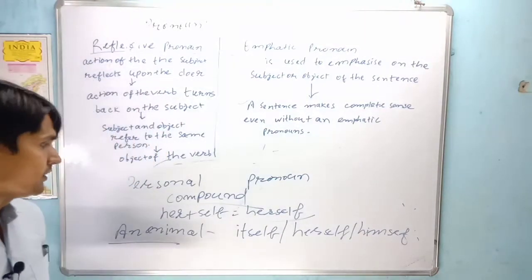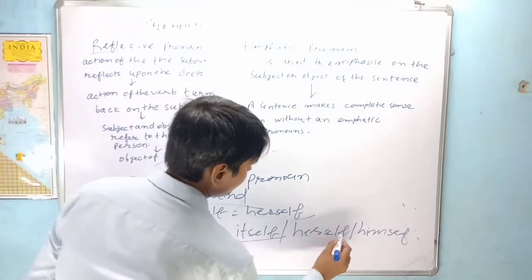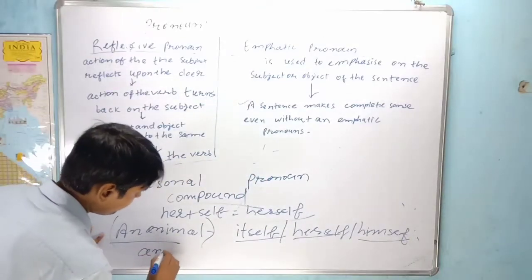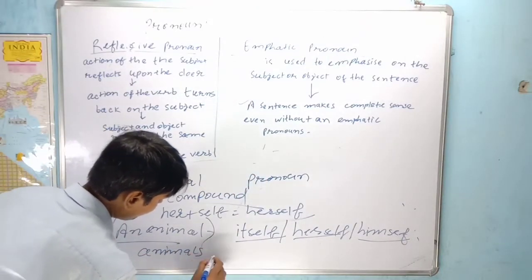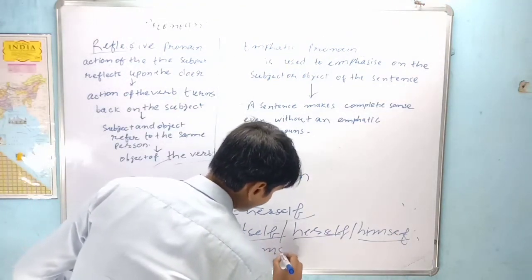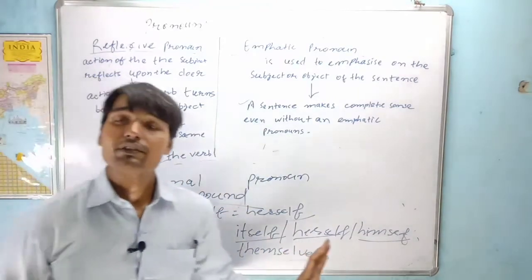So animal is similar, this is why you have used here itself, herself, and himself. But if there are animals, because it is plural, you have to always use here themselves, never itself, herself, and himself.